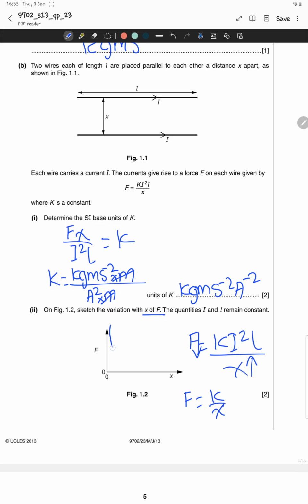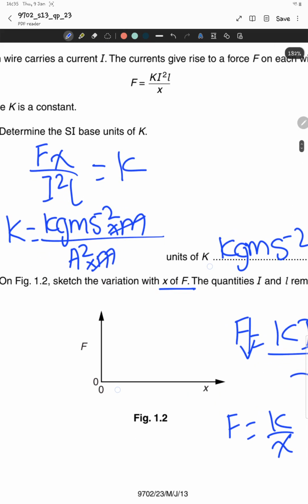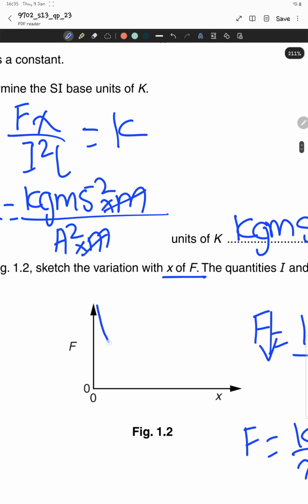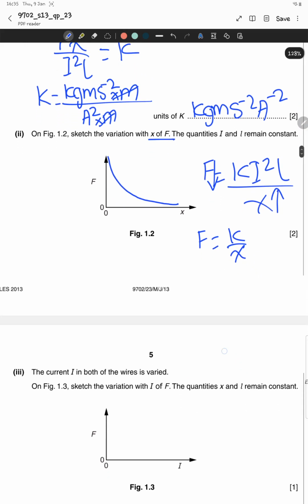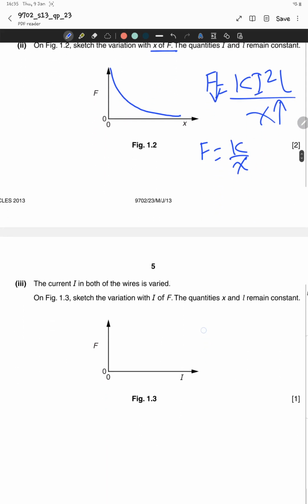So the inverse graph looks sort of like this. Make sure not to touch the axes, because that's how inverse proportion works. This is just a standard graph of inverse proportion.